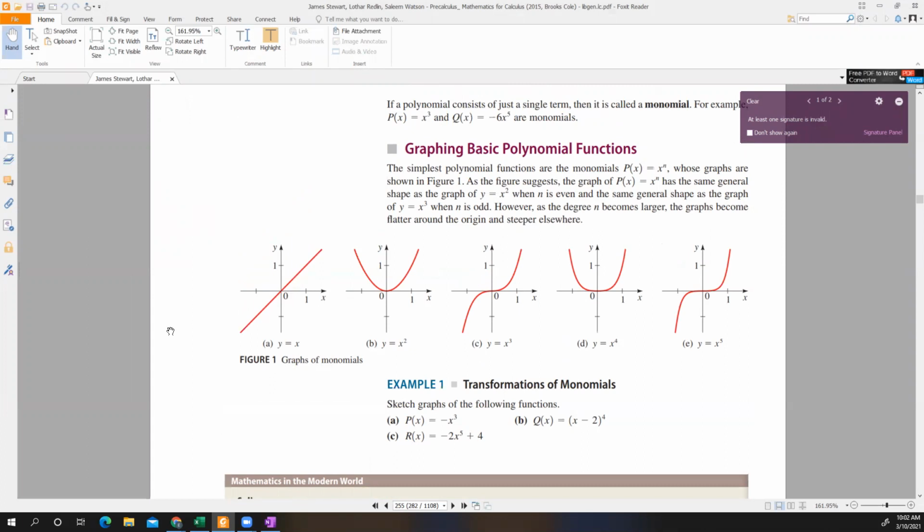You have a first degree polynomial y = x, a second degree polynomial y = x^2, whose graph is called a parabola. It's a quadratic polynomial.